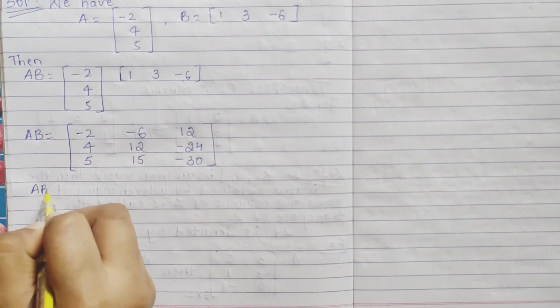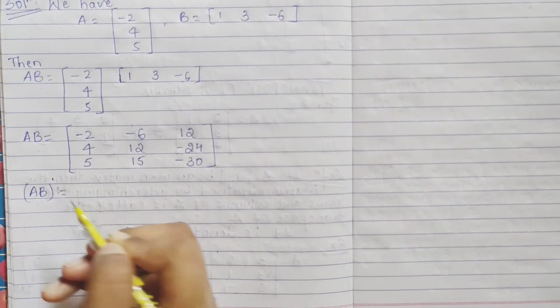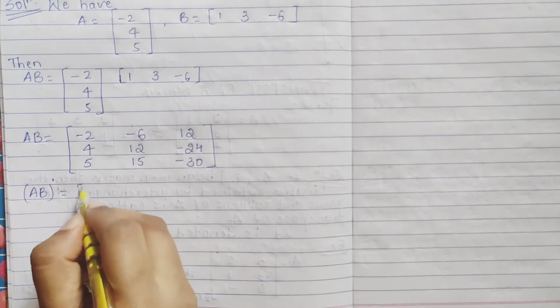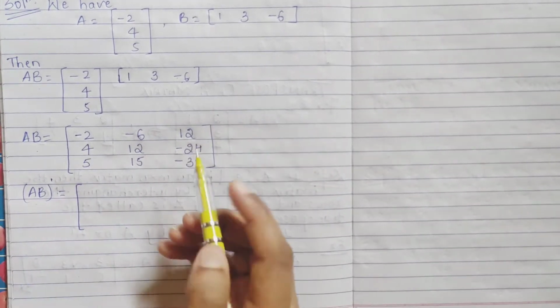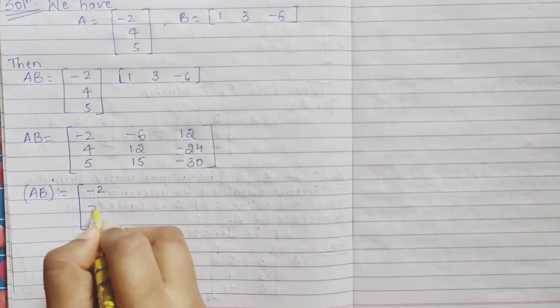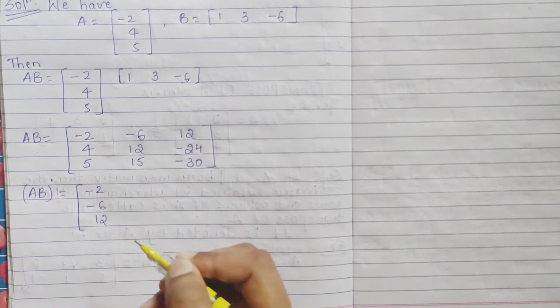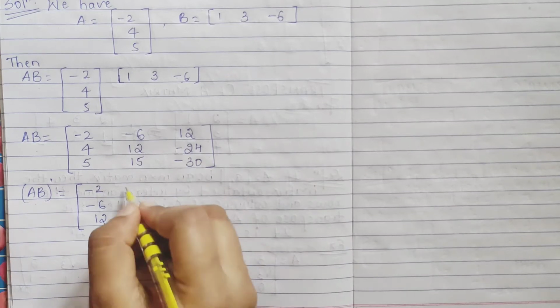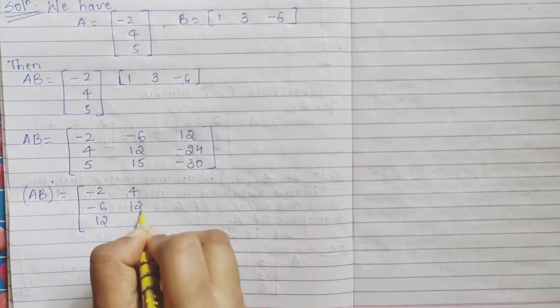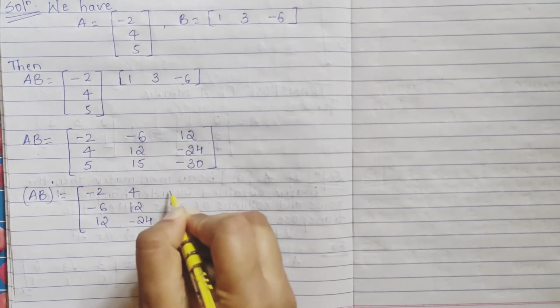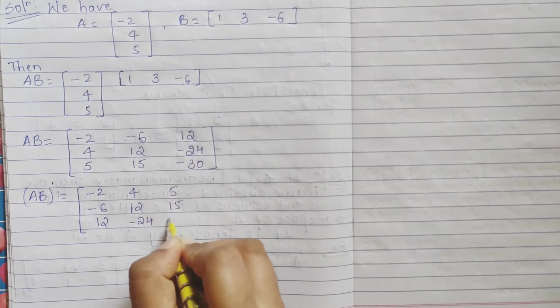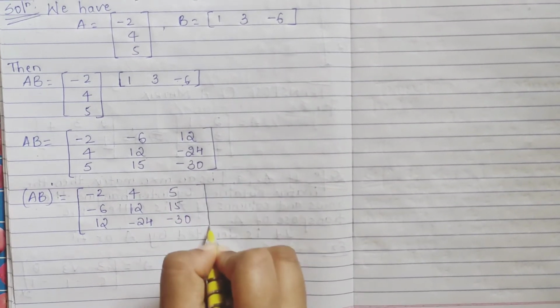So you can write AB transpose. Interchange your rows to columns. So how will you write? -2, -6, 12. In a column-wise way you will write the row. That is only what a transpose means, right? Then 5, 15, -30.